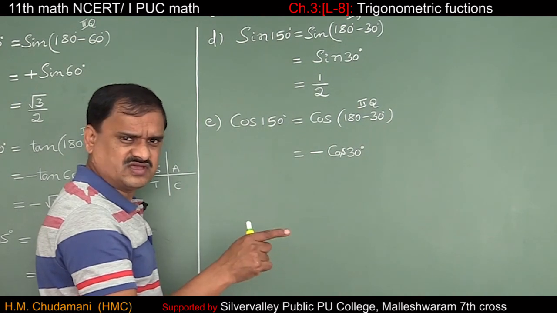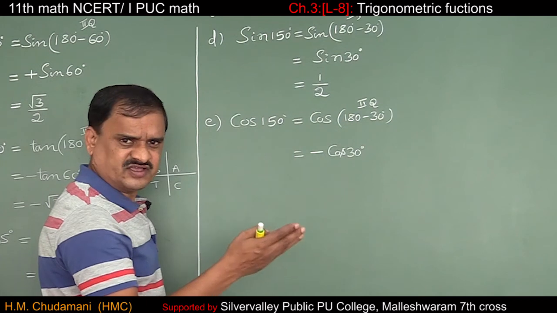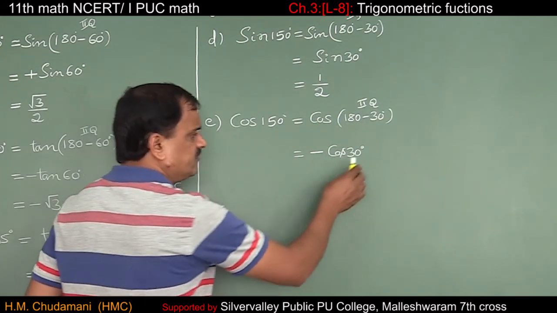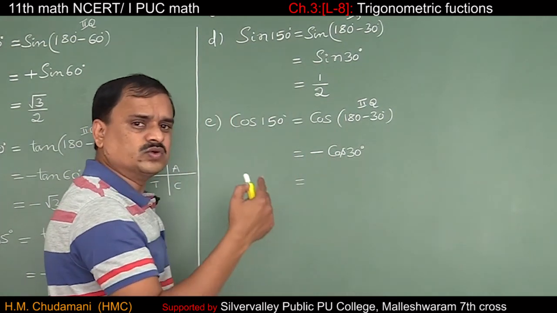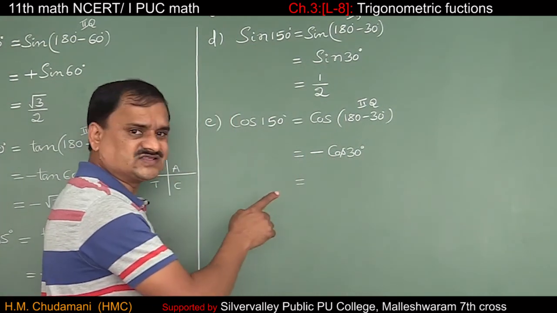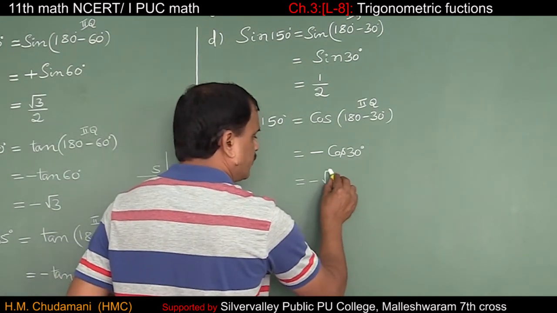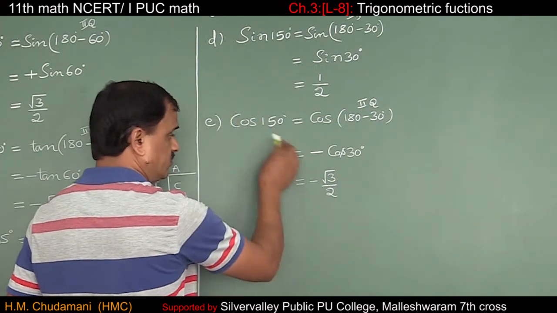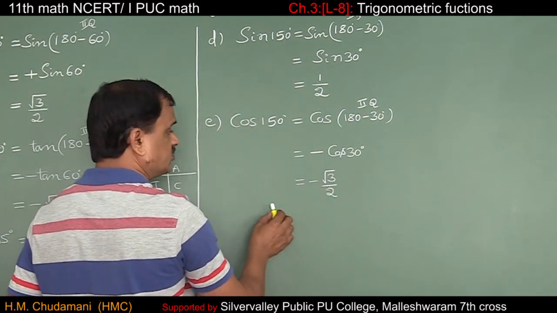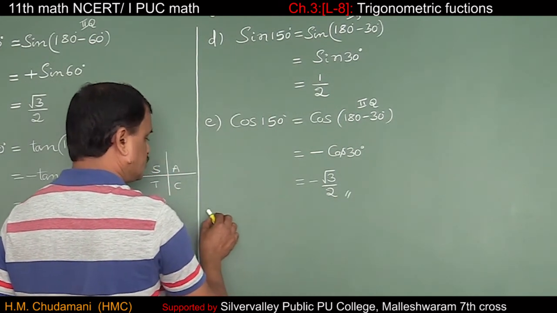If a plus b equals 90 degree, sine a is equal to cos b, and tan a is equal to cot b. So sine 30 degree is equal to cos 60 degree, and cos 30 degree is equal to sine 60 degree. So cos 30 degree is root 3 by 2. Cos of 150 is minus root 3 by 2.